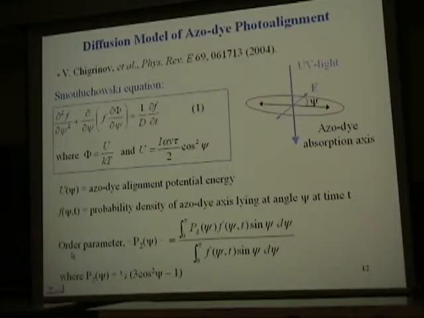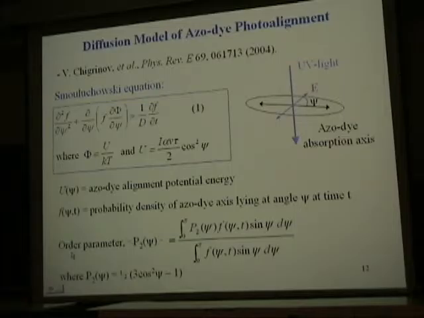And for photo alignment of azo dye, it has been proposed that the potential U should be given by a constant multiplied by cosine squared psi, where this constant is proportional to UV intensity I, among other variables.